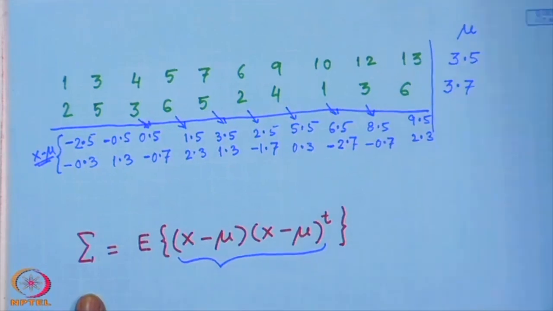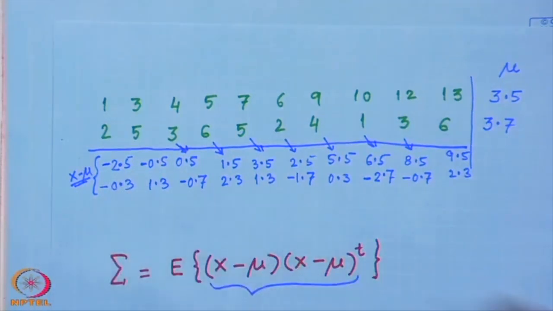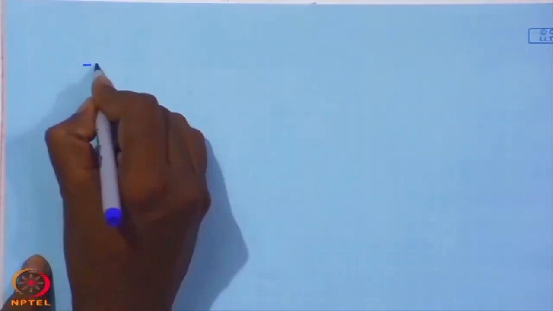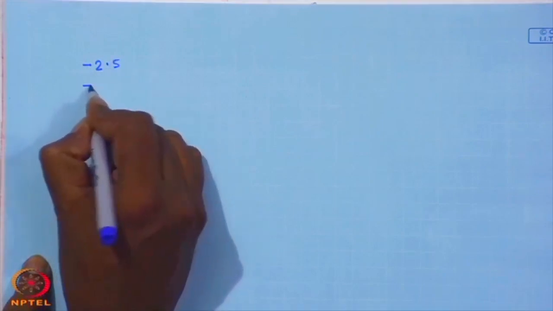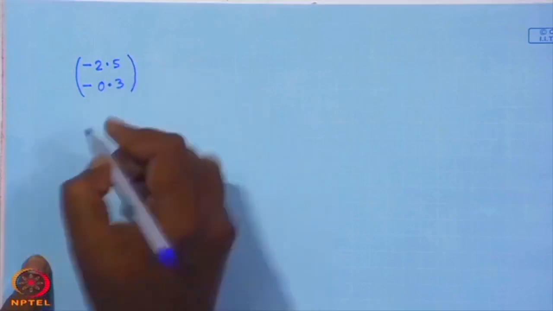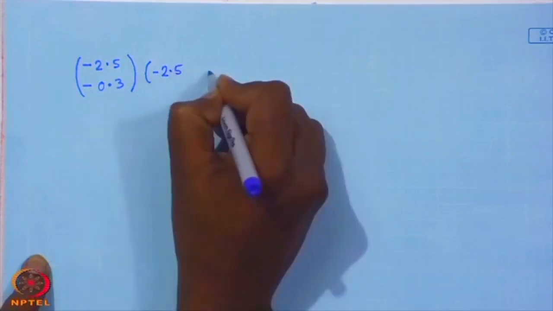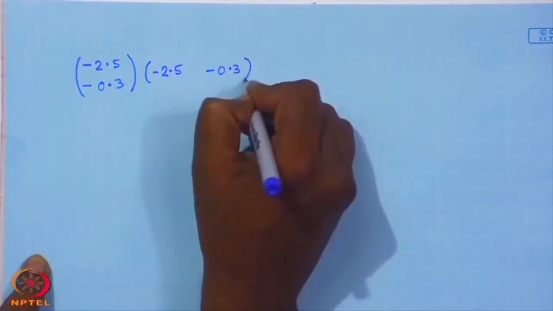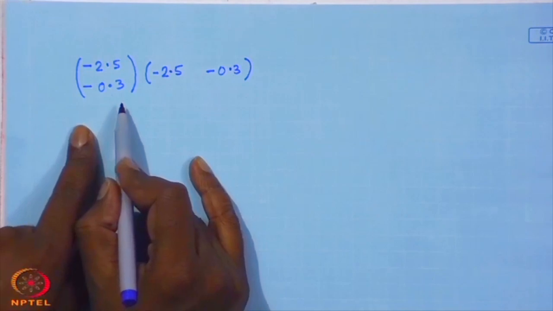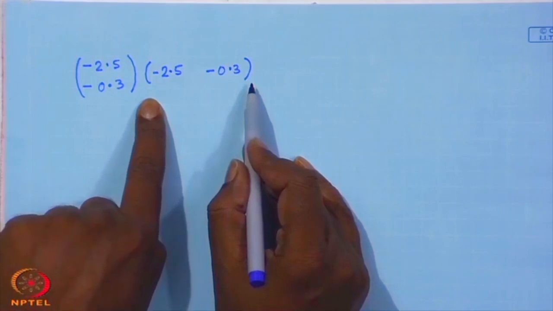So, if I do that for the first one, you find that the first one is minus 2.5 and minus 0.3. So, what I have to compute is minus 2.5 minus 0.3, this is my x minus mu, and x minus mu transpose will be minus 2.5 minus 0.3. So, this is a column vector which is of dimension 2 by 1, and this is a row vector of dimension 1 by 2.